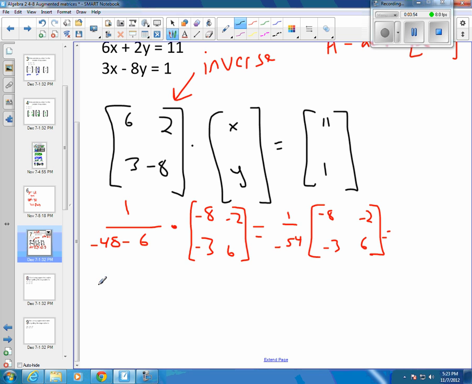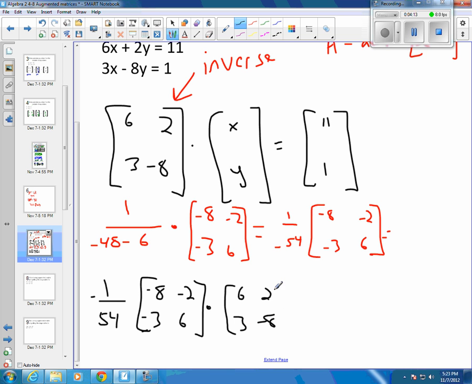So I'm going to put my inverse matrix out front, 1 over -54 times -8, -3, -2, and 6. Multiply that by my matrix up here, that's 6, 2, 3, -8, multiplied by the x over y.